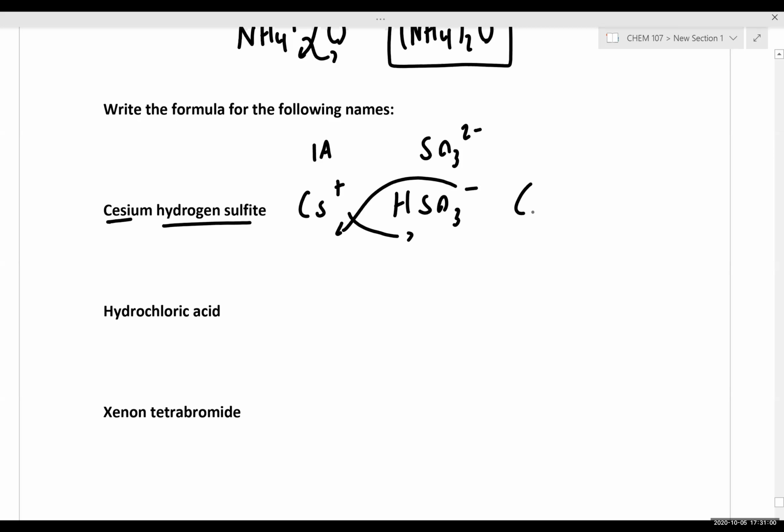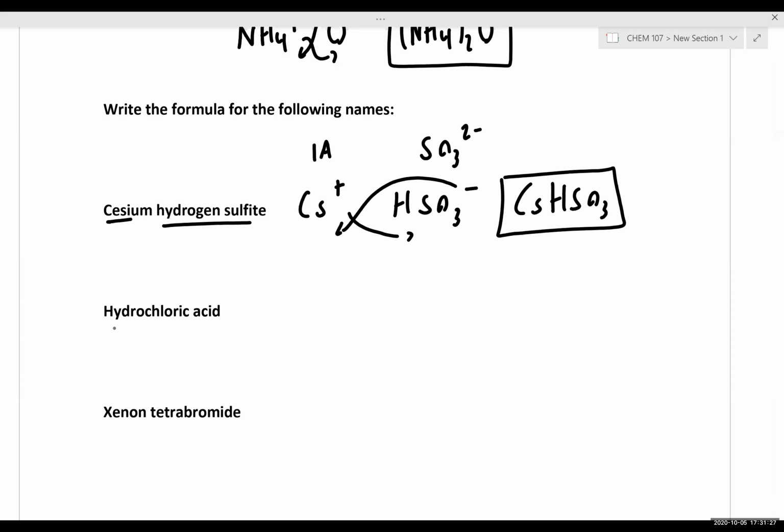Crossing the charges, our final formula gives us CsHSO3 for cesium hydrogen sulfite. Does this example make sense to everyone? Remember, for hydrogen-containing polyatomic ions, when you add a hydrogen, your charge goes down by 1.